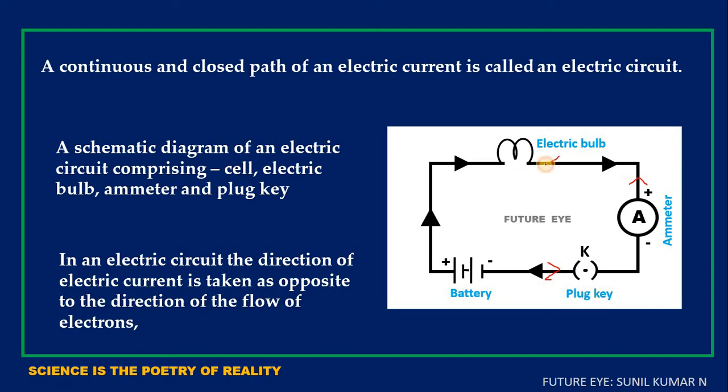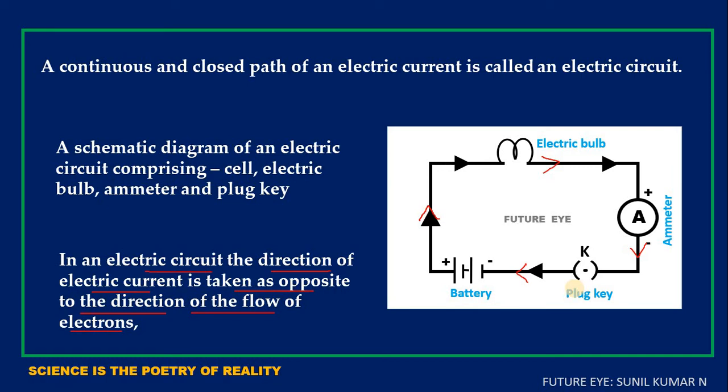But look at the circuit, how I have shown electric current. Electric current I have shown opposite to the direction of electrons. That is what they are saying here. I mean, in an electric circuit, the direction of electric current is taken as opposite to the direction of flow of electrons. It means I have shown electric current in this direction. You may ask why. Because electrons were not known at the time when the phenomenon of electricity was first observed.